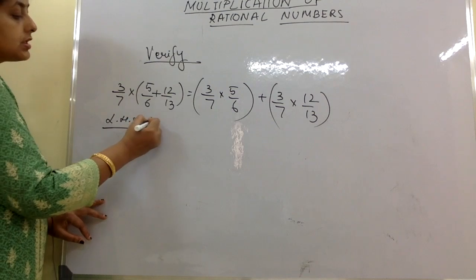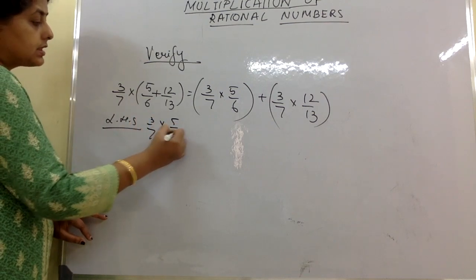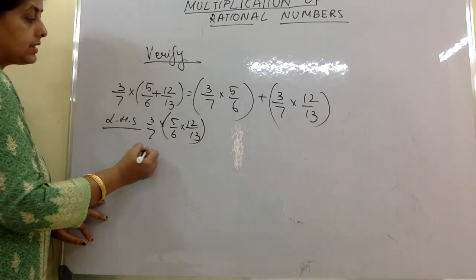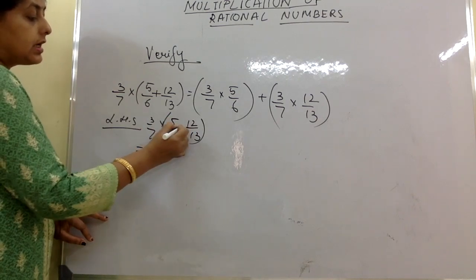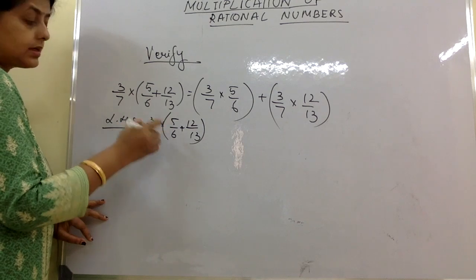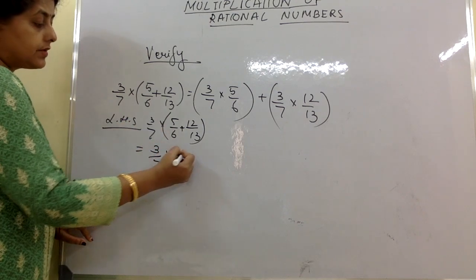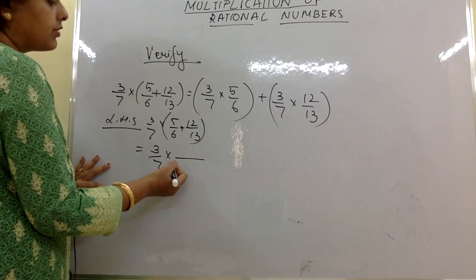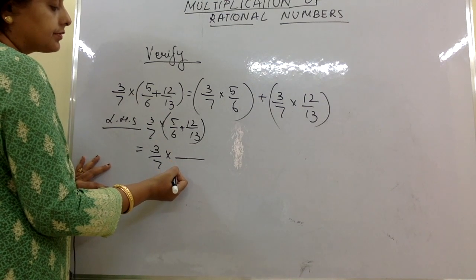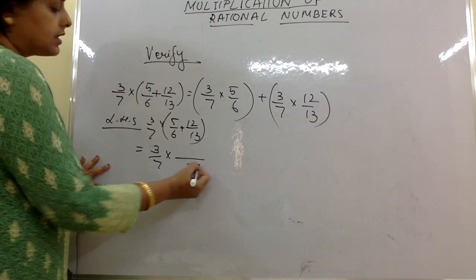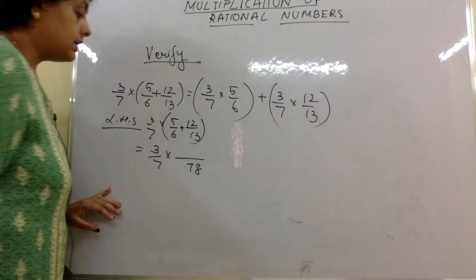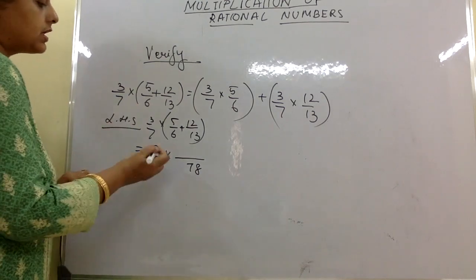Now the LHS is 3 by 7 into 5 by 6 plus 12 by 13, and the bracket here, as I said, plus sign here, sorry. As I said, always the bracket is worked on first. 3 by 7 into, how much is the LCM of 6 and 13? 6 and 13 will have an LCM of 78.